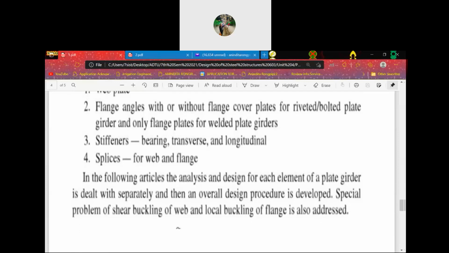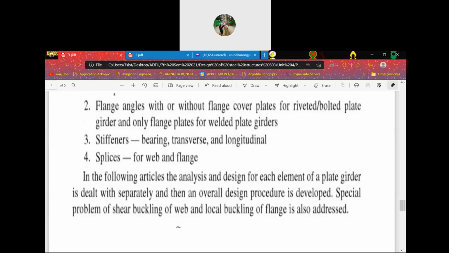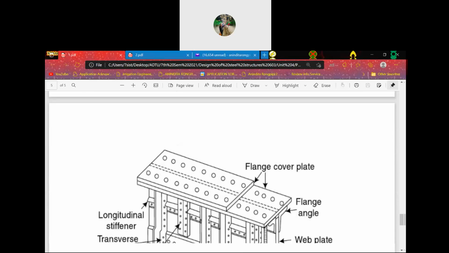In the following articles, the analysis and design for each element of a plate girder is dealt with separately, and then an overall design procedure is also developed. The special problems of shear buckling of the web and local buckling of the flange are also addressed.